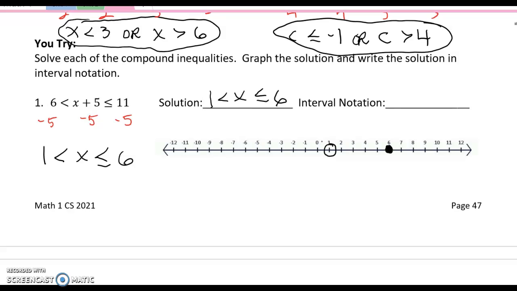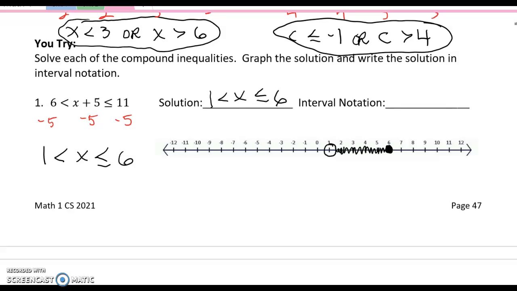And as we talked about yesterday, for the graph of the solution for this three-part and inequality, with x being in the middle, we are going to shade in the middle. These are where all the values are that x can be. X has to be somewhere in between 1 and 6.